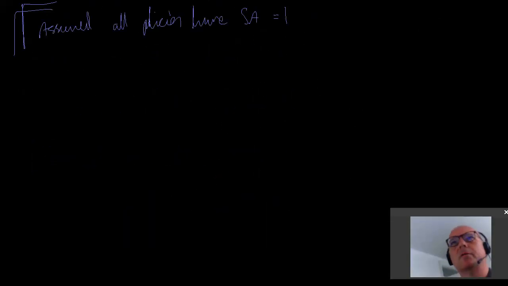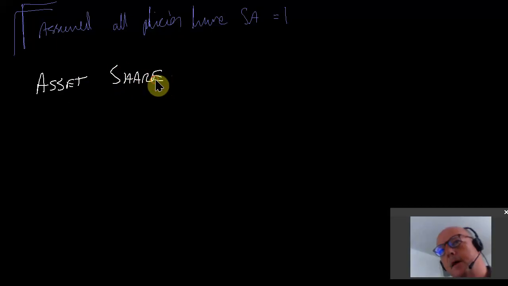We should also mention at this point the concept of asset share, which we haven't mentioned yet. Asset share is closely related to mortality profit and the rest of it. Asset share is simply the practical amount of actual reserves you have.